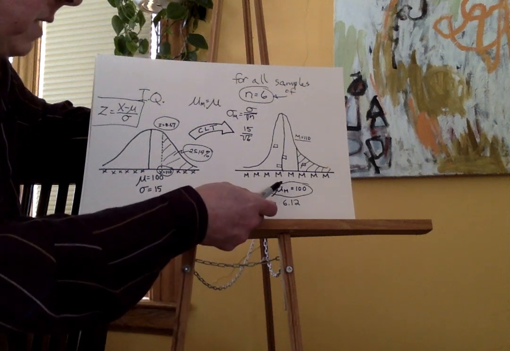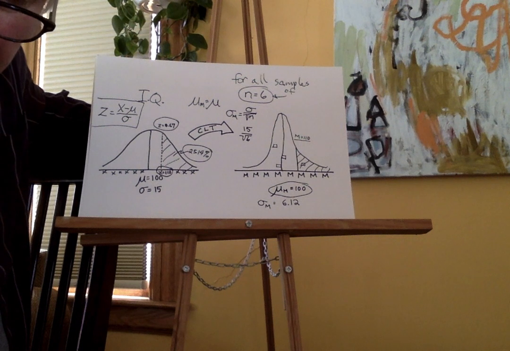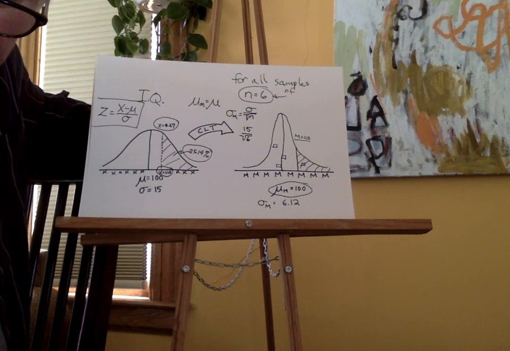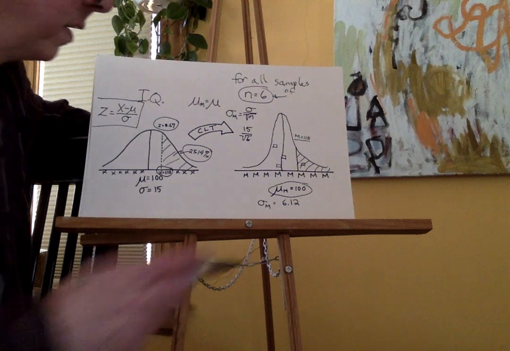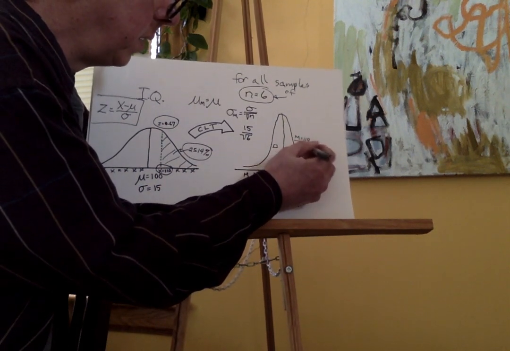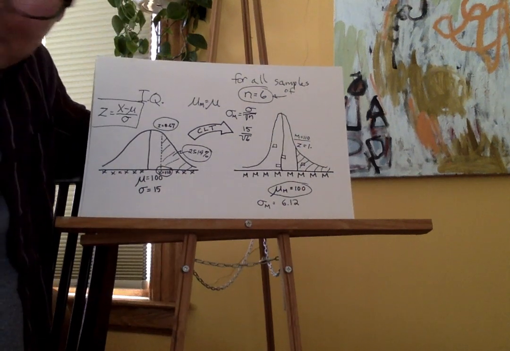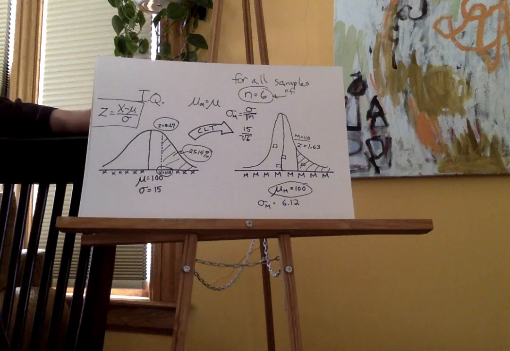We know what the mean and the standard deviation look like, and so I'm going to calculate 110 minus 100 divided by 6.12. My z-score here now is 1.63.